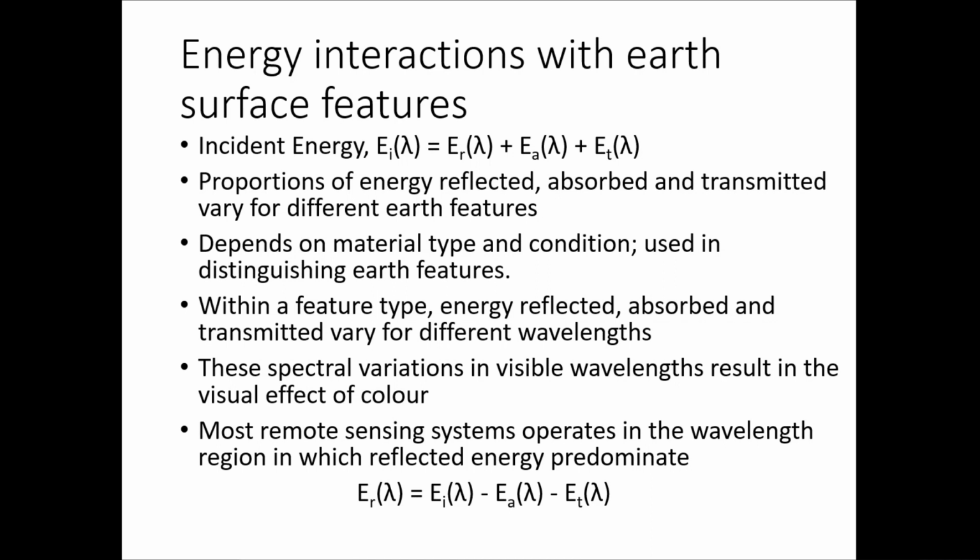All right. So most of the remote sensing systems operate in the wavelength region in which reflected energy predominates. Just like our eye, what does our eye look for? Are our eyes programmed for observing the absorbed energy or transmitted energy? What do we actually look for? We are actually looking for the reflected energy, isn't it?